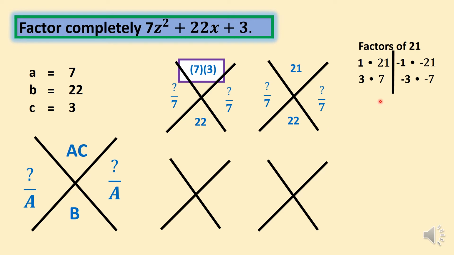So hahanap tayo dito sa mga factors na magbibigay ng sagot na 22 kapag plinas natin. So ang magbibigay ng sagot na 22 kapag plinas ay 1 times 21. So ito yung ilalagay natin dito sa question mark nito.